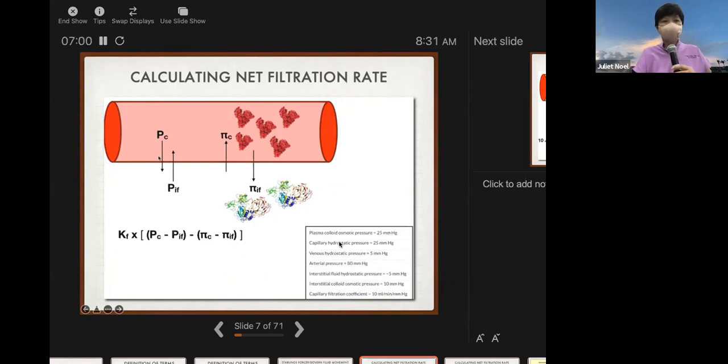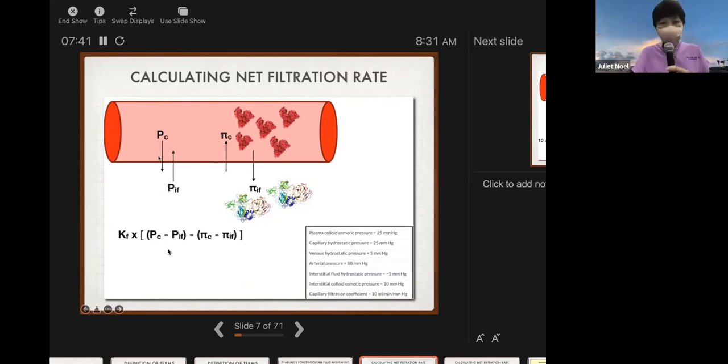For this example, the capillary hydrostatic pressure is 25 minus the interstitial fluid hydrostatic pressure, which is -5 mmHg. Why is it -5 mmHg? Because in the interstitium, the lymphatics are working and draining, so it creates negative pressure.